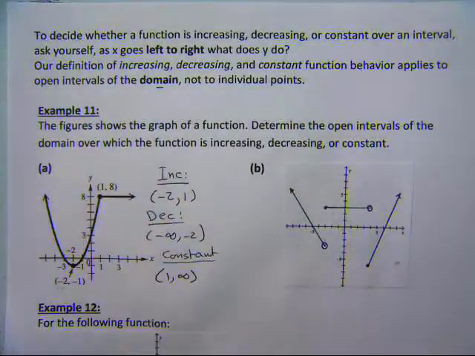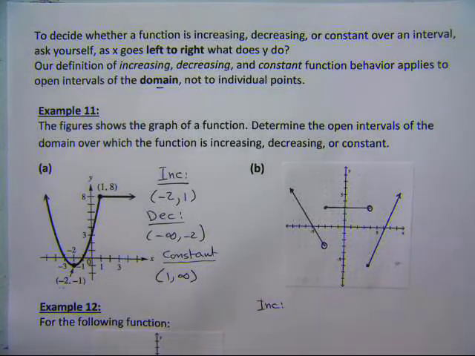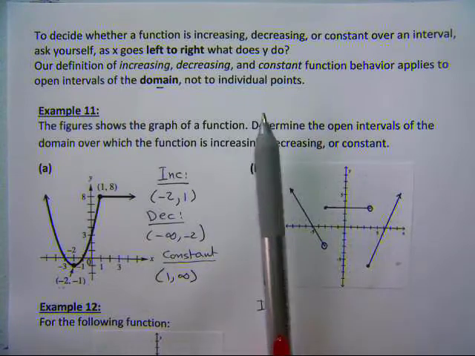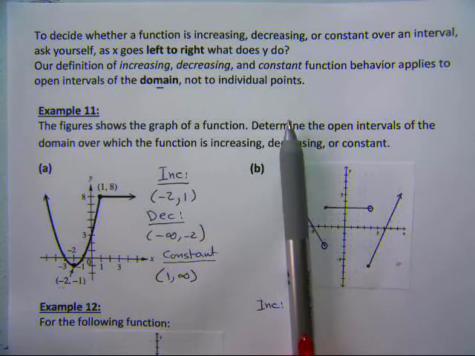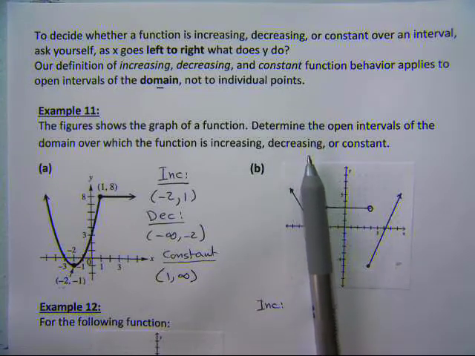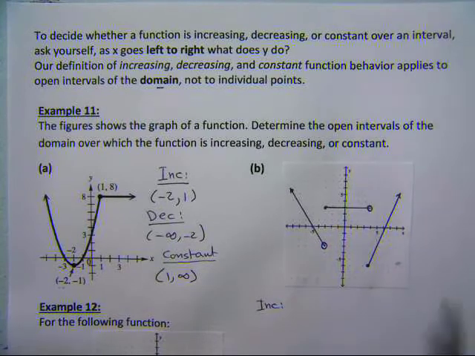Let's look at B. Okay, so let's look at increasing and decreasing and constant. Let's look at first increasing. So again, the scanner goes left to right. So let me see. That's not increasing. Okay, so we found it.